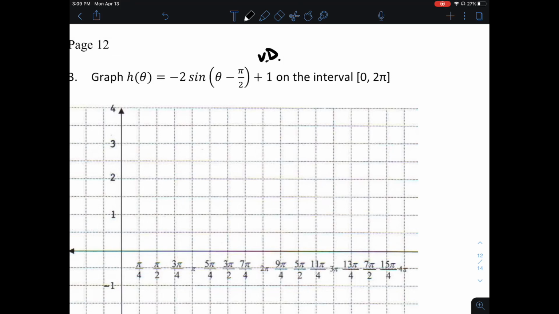That's how far the graph translates up or down. This pi over 2 is called the phase shift. That's a special name for trig functions, which just means translated left or right. And then this negative is going to reflect the graph vertically. And this 2 is going to dilate the graph vertically.